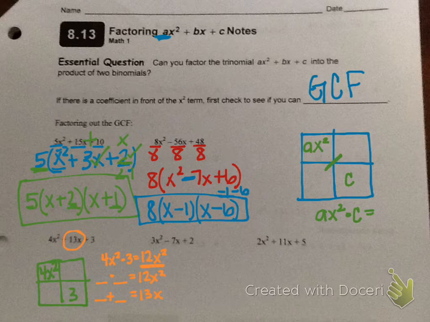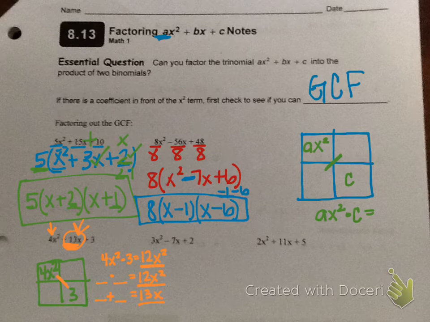I'm finding what multiplies to make something and what adds to make something. You're always finding what adds to make 13. In this case, since we have a number in the front of the x squared, we have to multiply these two things together to get what we're multiplying to find our answer for.